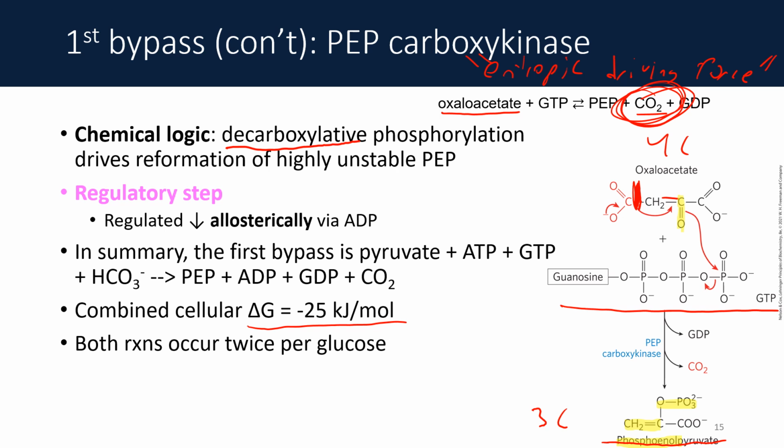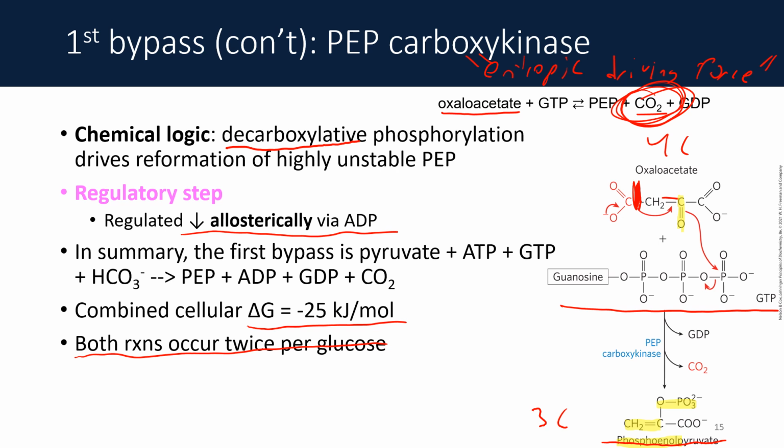Now, we want to be sure about committing these valuable molecules to the gluconeogenic pathway, so it's also going to be regulated, in this case, negatively by ADP, which is similar to pyruvate carboxylase. And something else I want to bring to your attention is that we really need to be certain we're moving forward here because this reaction needs to occur twice per glucose. All right?